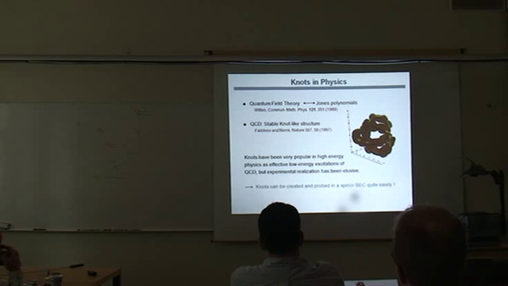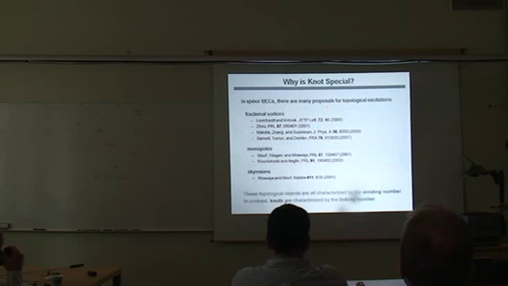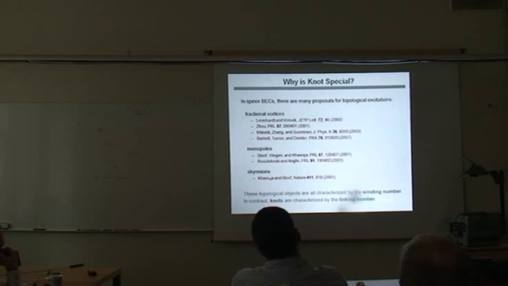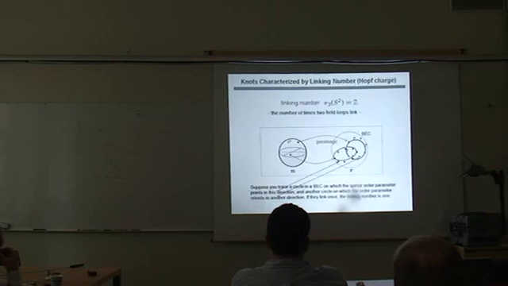But knots can be created and probed in a spinor BEC quite easily. In spinor BEC, there are many proposals for topological excitations: fractional vortices, monopoles, and skyrmions. These topological objects are all characterized by winding number. In contrast, knots are characterized by the linking number.